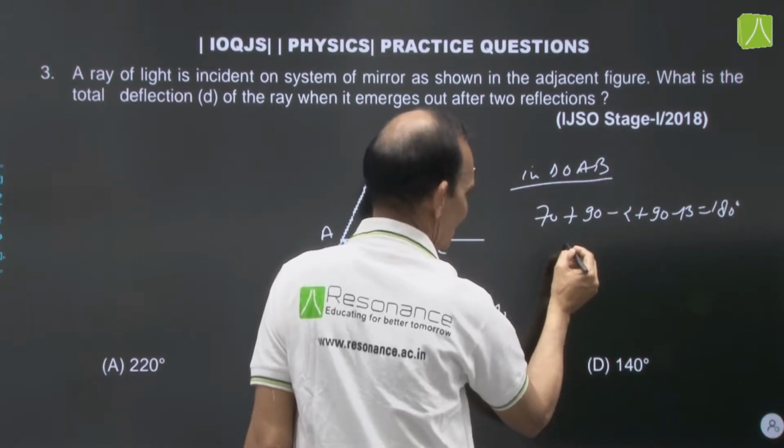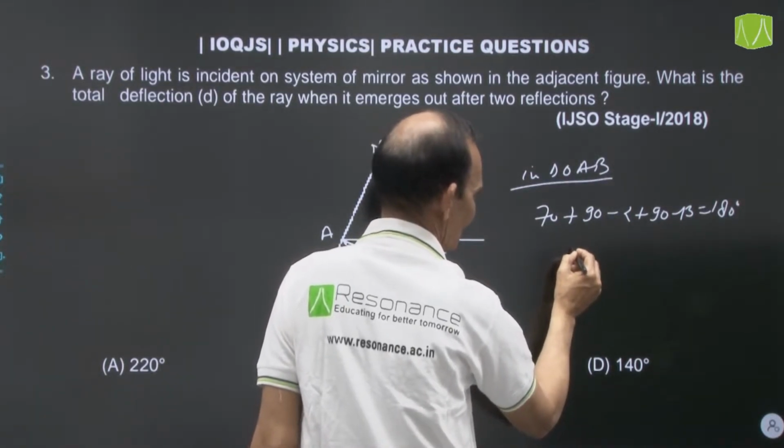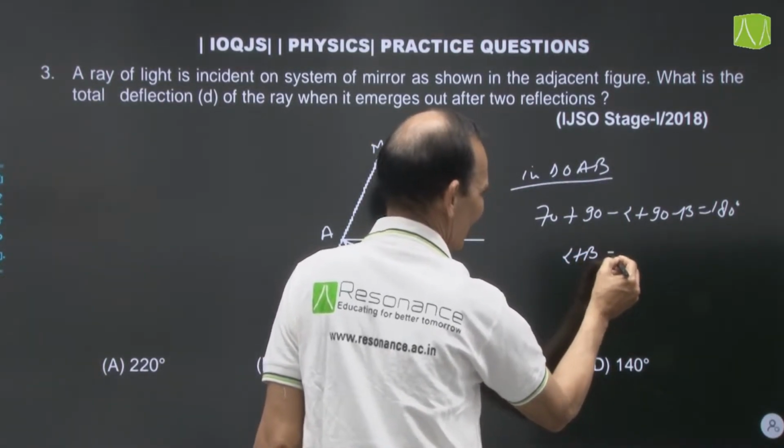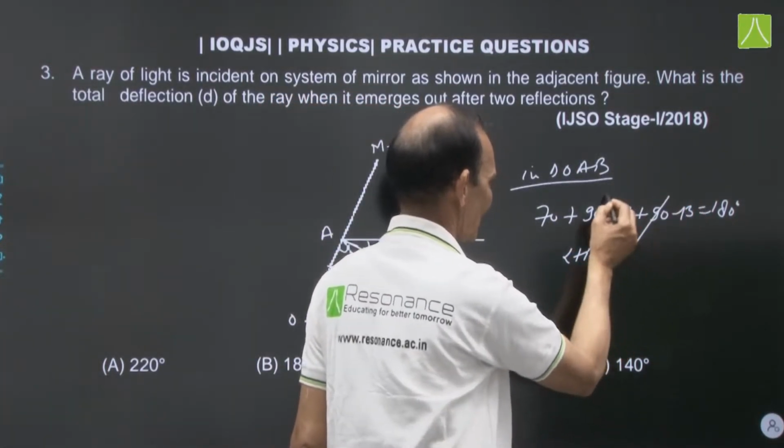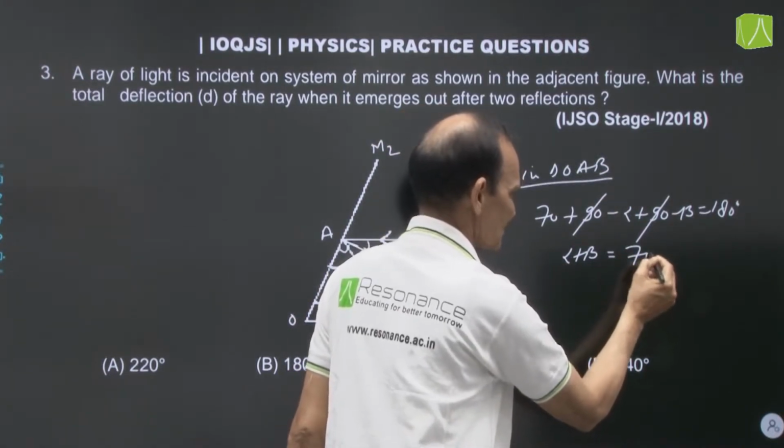We can also write alpha plus beta and find the answer. The 90s cancel. Alpha plus beta is how much? 70 degrees.